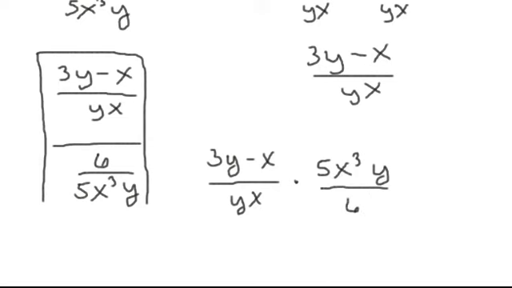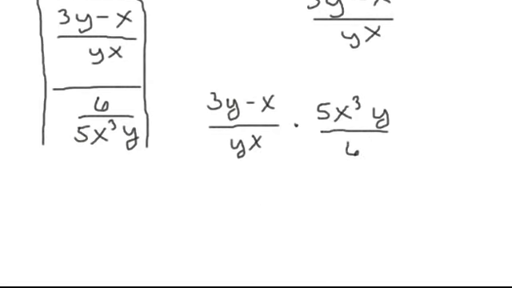Alright. So now we've got to ask the question, what's going to be canceling out? Well, we have a y in the denominator, we have a y up here in the numerator, an x, and 3 x's. So we're going to be left with 2 x's and a 5 up here.